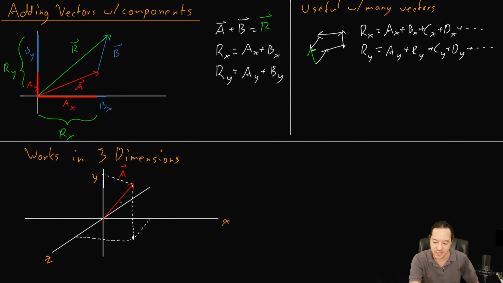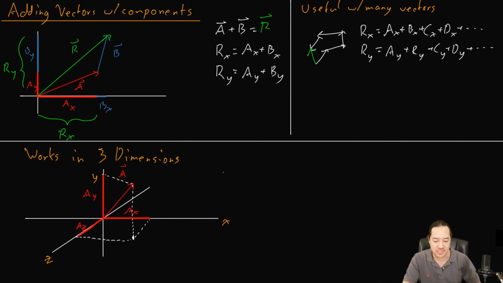So we can define this length here to be A sub x, right? This is going to be A sub y, and then this would be A sub z. And so three-dimensional vectors can also be broken down into x, y, and z components.